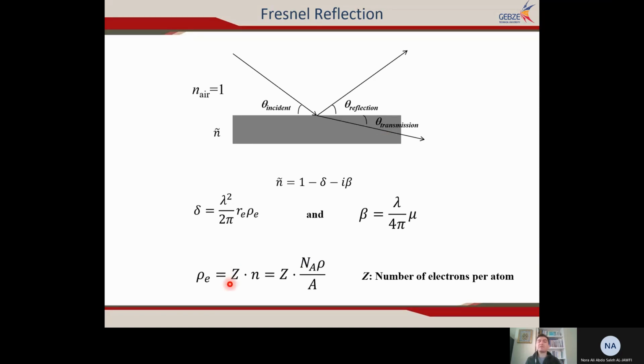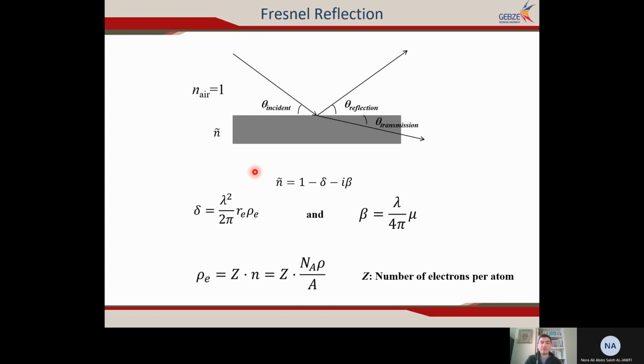Then you can calculate the number of electrons in a unit volume. This is electron density. This N, the number of atoms in unit volume, is given with this expression. You remember this expression from the previous courses in physics. This is the Avogadro number, this is the density of the material, and this is the atomic weight. What do you see here? That the electron density is proportional to the density of the material. So this is characteristic for each element, each material.